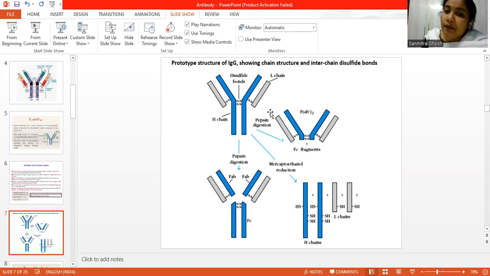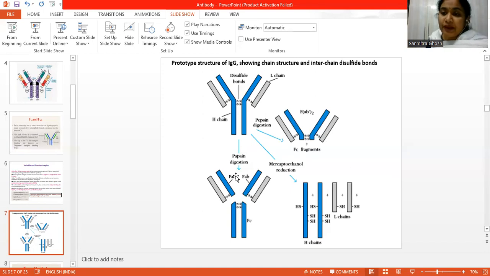That means pepsin is digesting this antibody in such a position that these 2 arms are remaining interlinked, that is beyond the hinge region. So these 2 Fab arms are being linked by these disulfide cross linkages. So here we are getting a single component which has the molecular weight twice the size of the identical components that we got after papain digestion.